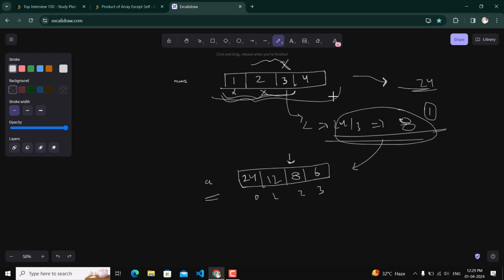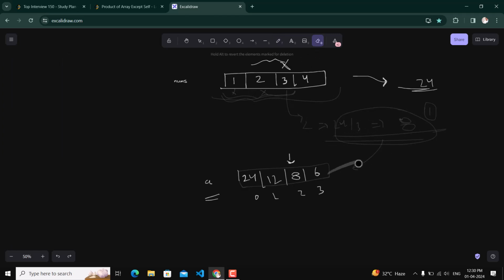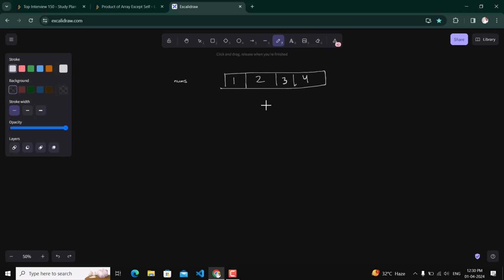But it is strictly said that we don't have to use the division operator, so we won't use it here, and instead we have to use another approach. First of all, this is the zero index, this is the first index, this is the second index, and this is the third index.